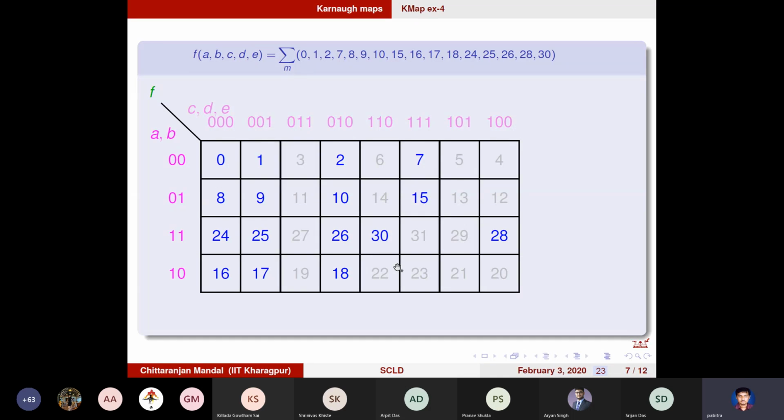If you try to visualize it geometrically, 3, 11, 27, 19 and 7, 15, 31, 23 can also form a cube.